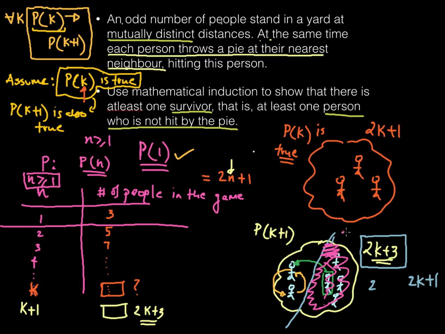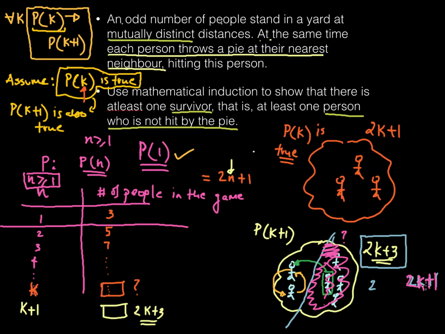How many pies were thrown there? So I do know that one of the pies ended up over here, which is in green, and there are a total of 2k plus 1 people in this pink region.